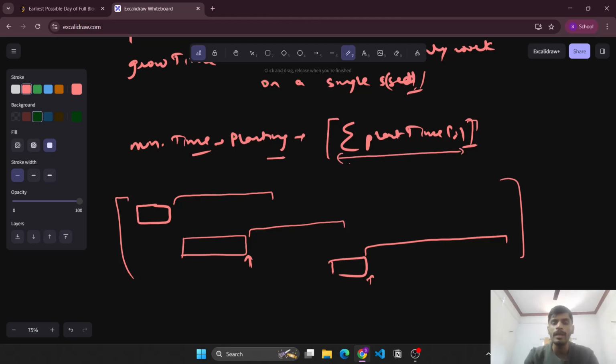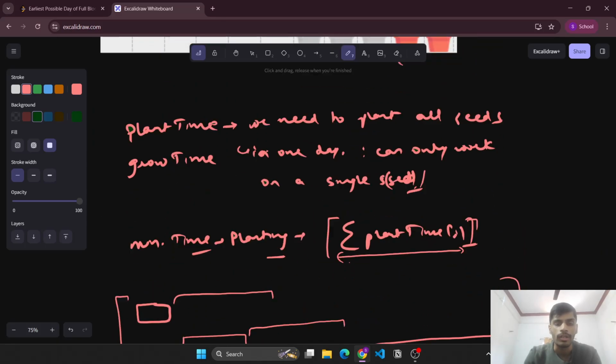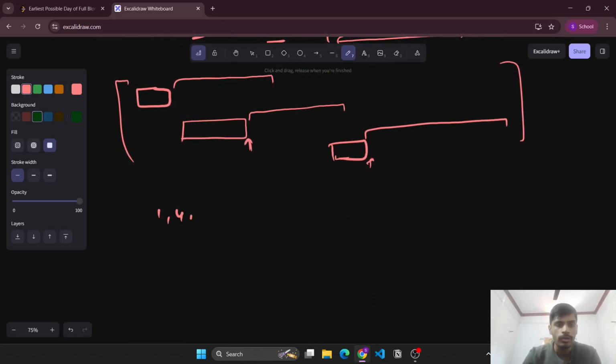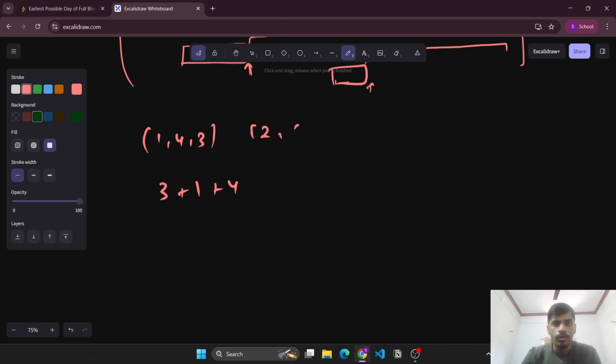Now, because we can plant these seeds in any order, suppose it was 1, 4, 3, we can either do 3 first and then 1 plus 4, or any other fashion, and the grow times were 2, 3 and 1.